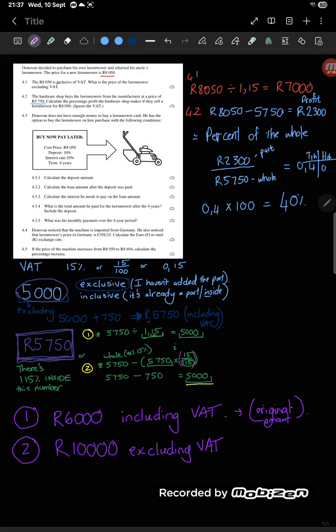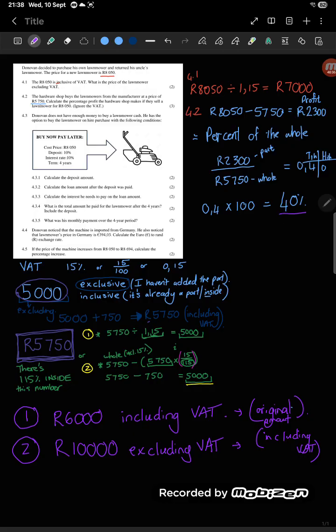And this 10,000 excluding VAT, please tell me what it would be including VAT. Now that's pretty easy. Actually, that's too easy. Maybe I should make another one. Including VAT. So tell me what including VAT is.